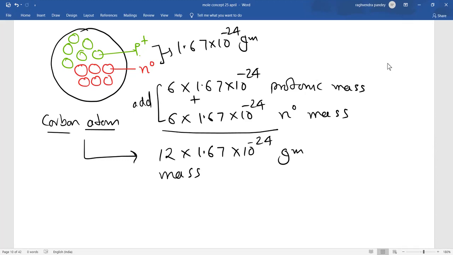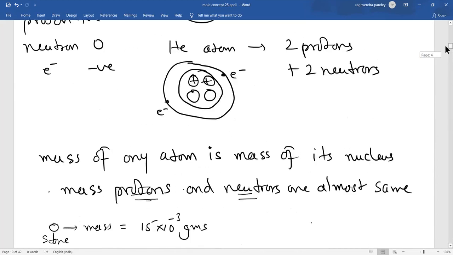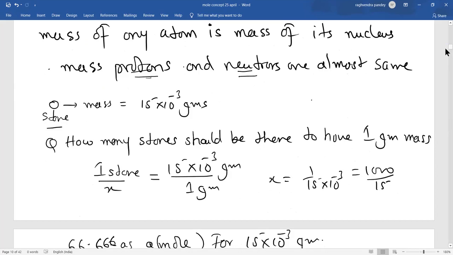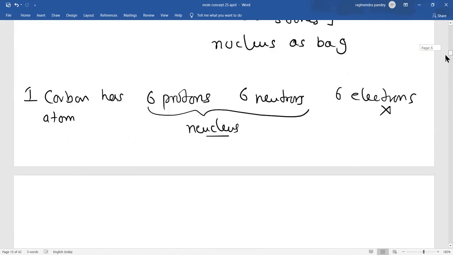Now I told you to consider proton and neutron as stones. So we will do the same thing as we did in the case of stones. That is one stone, it has a mass of this. What we did earlier was: how many stones should be there to have 1 gram of mass? We will do the same thing here.